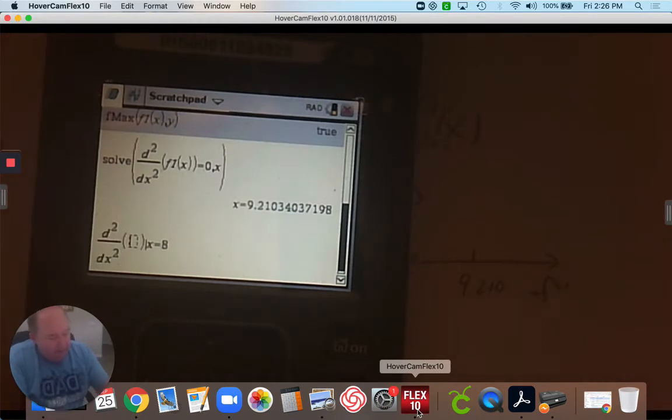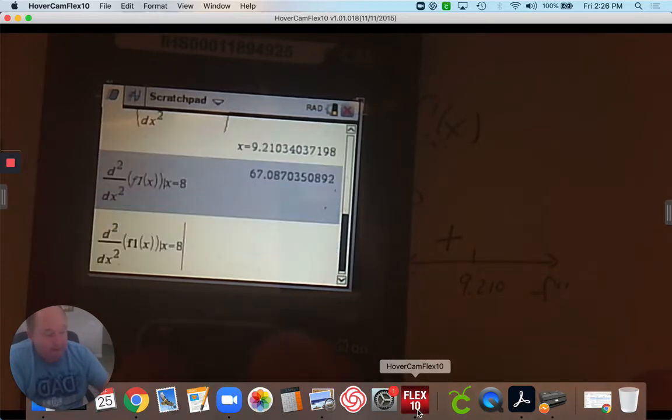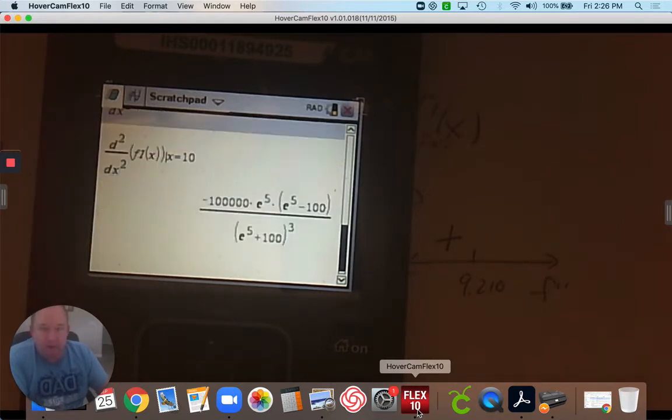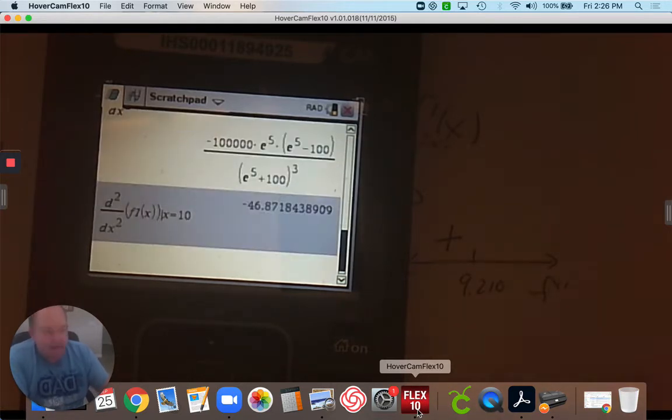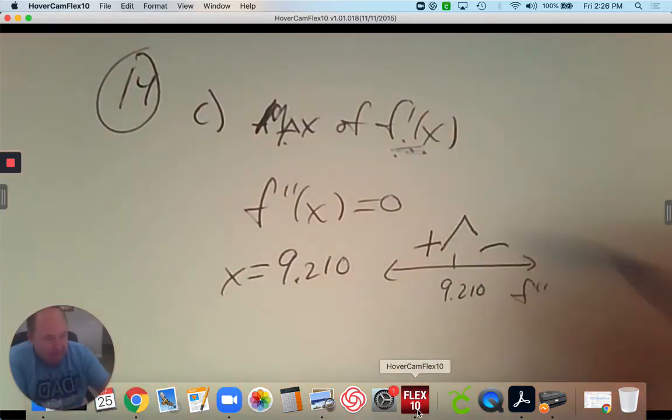What I'm doing with the calculator is checking if the answer is positive or negative. That gives me a positive answer. If I then plug in 10, a number greater than 9.210, that gives me a negative answer. See, what I'm doing is checking that it created a maximum. I was just making sure.